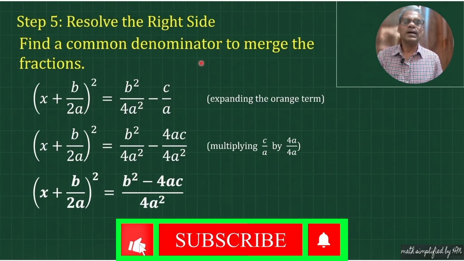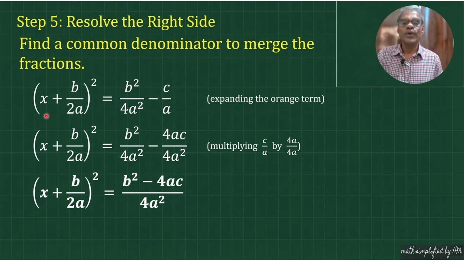Now resolve the right side. Find a common denominator to merge the fractions. We have left hand side as (x plus b upon 2a) whole square is equal to b square upon 4a square minus c upon a.